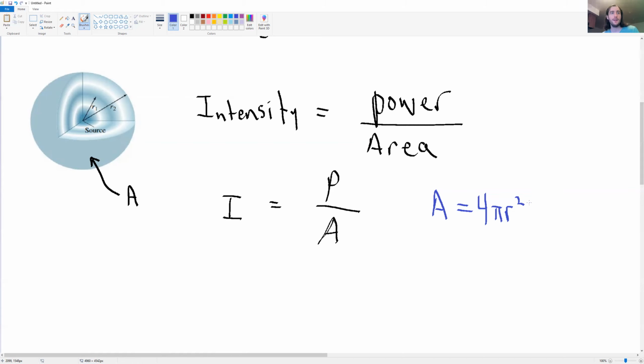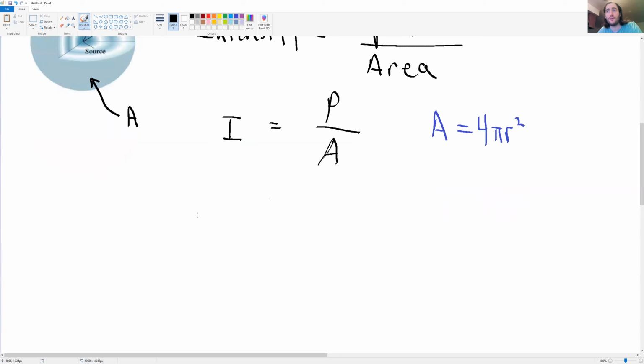Now, right away, you can see that we can compare different intensity levels by taking a ratio. So let's say we have one speaker. Let's draw a short picture here.